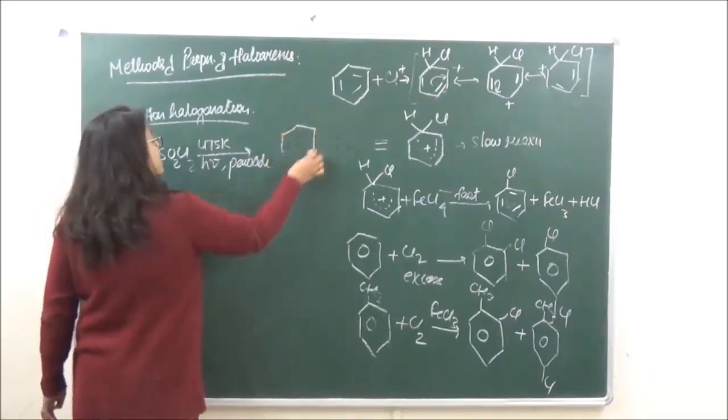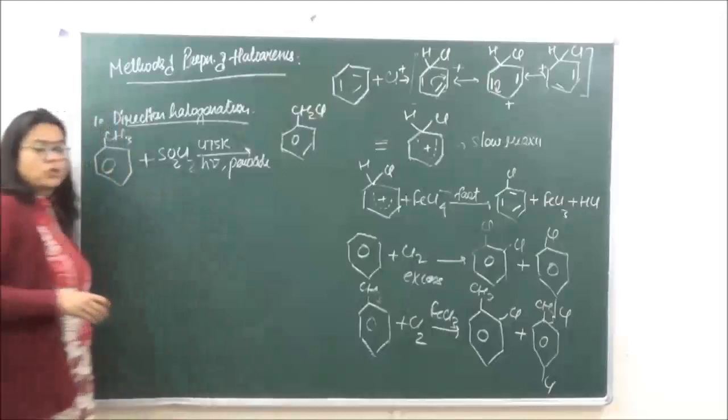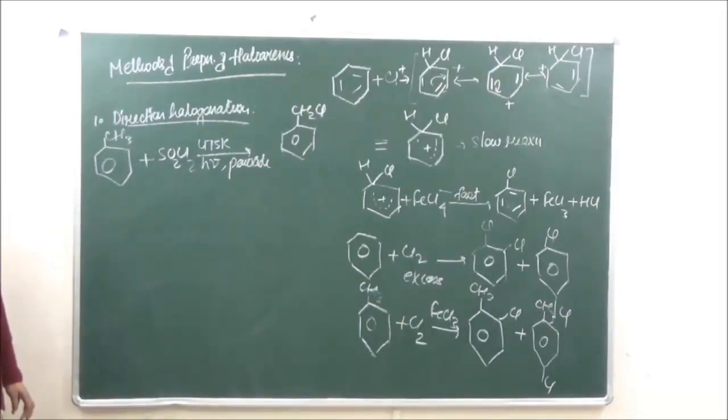Again, the product is going to be a side chain substitution. So we are getting over here CH2Cl. Okay, so this is the first method of preparation by direct halogenation.